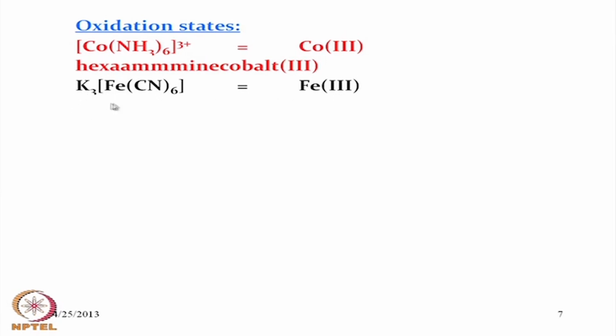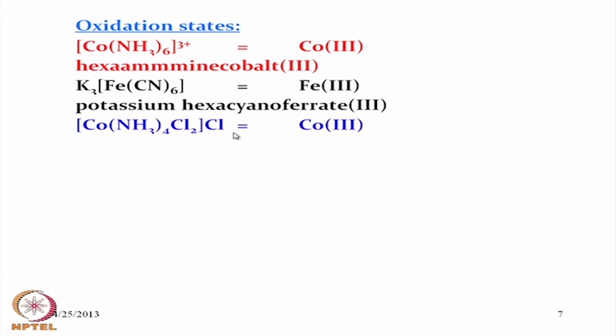If 4 are required, the iron oxidation state would be +2. One is known as ferricyanide, another as ferrocyanide. In this case, the name of the compound will be potassium hexacyanoferrate, because we are naming the anionic part with the Latin name with the suffix "ate" and the oxidation state in brackets.